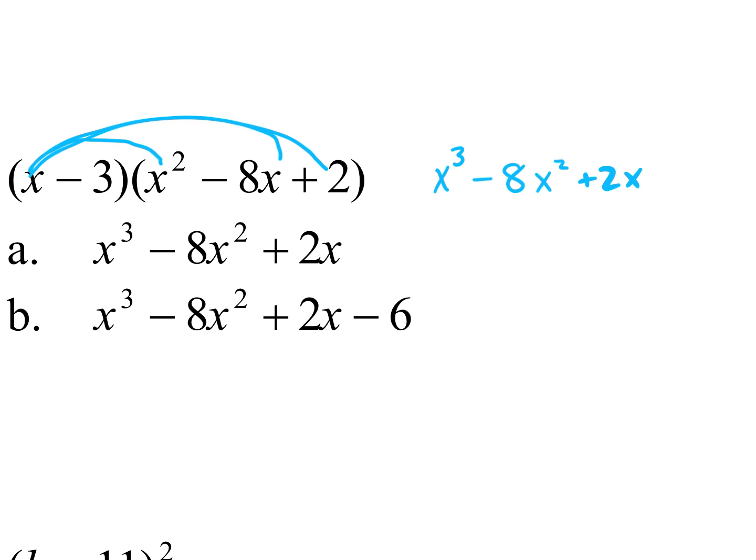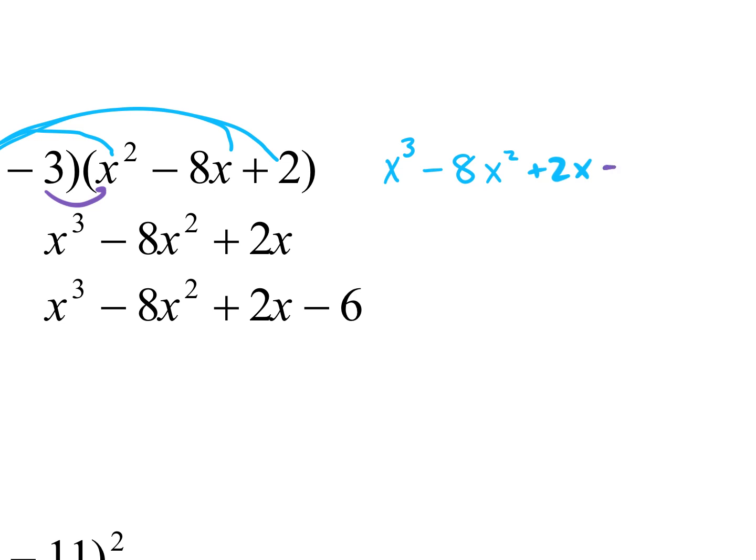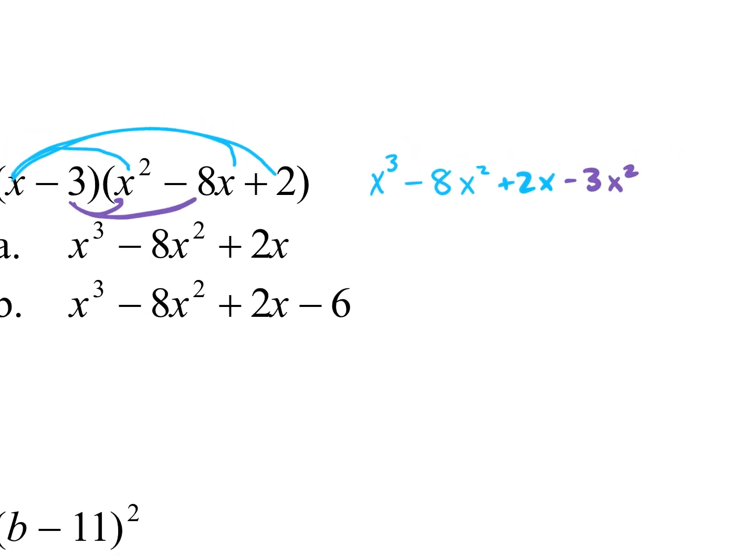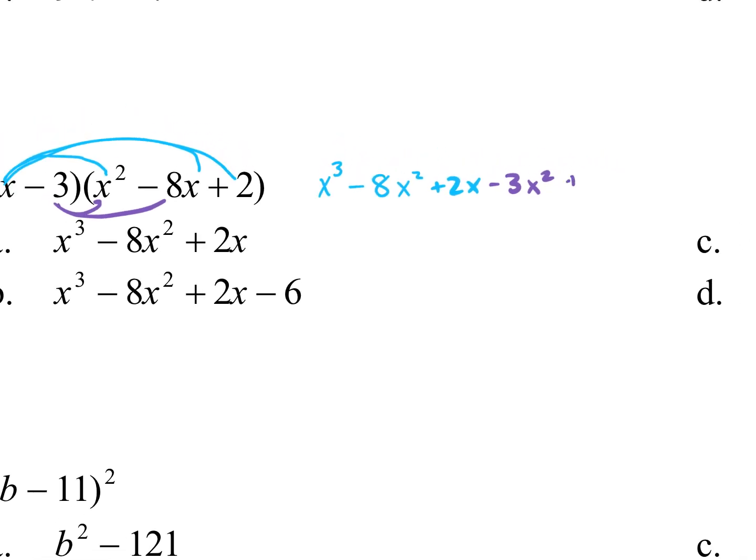And then we can move on to the negative 3. So negative 3 times x squared would be negative 3x squared. Negative 3 times negative 8x would be what? 24x. Negative 3 times 2 would be negative 6.